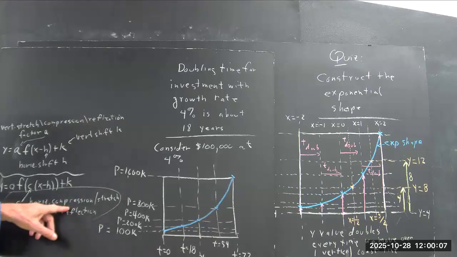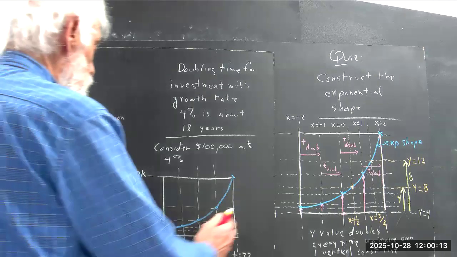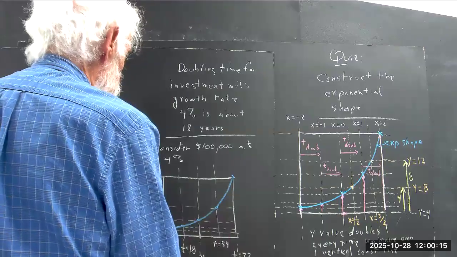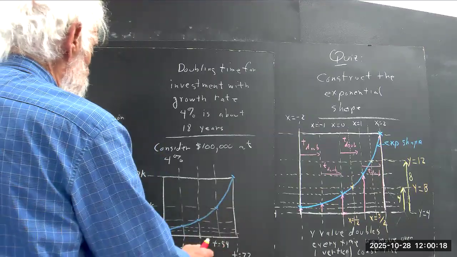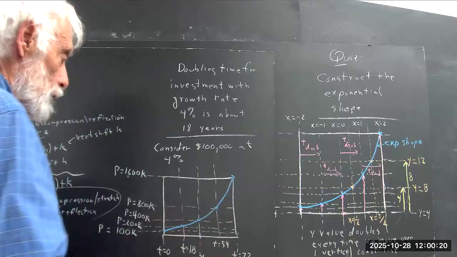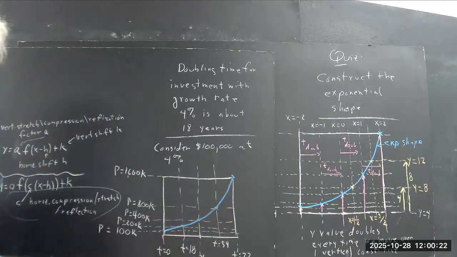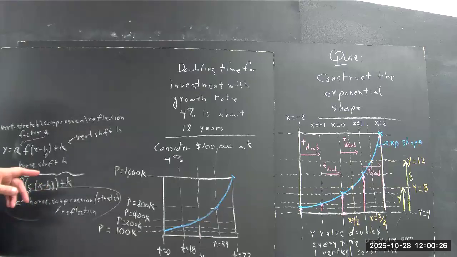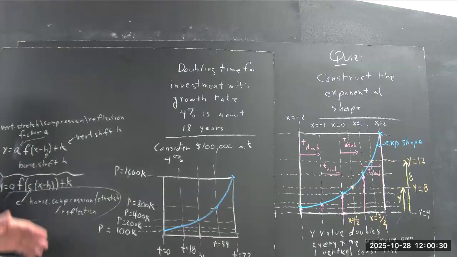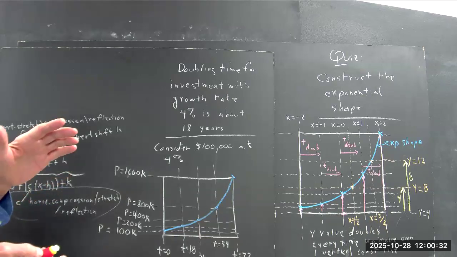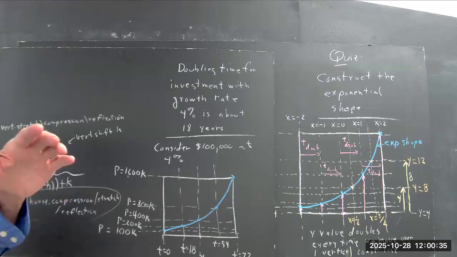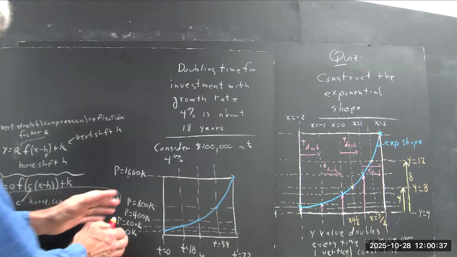If you have a big horizontal compression factor, that compresses the scale of your x values or t values in this case. If that compression factor is less than 1, some fraction, that spreads it out.